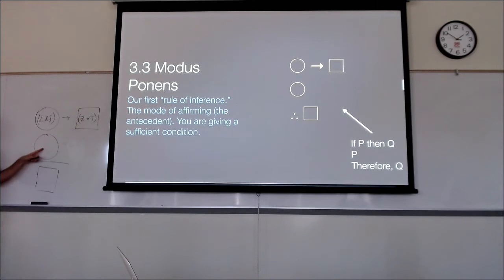L and S. Whatever's in here has got to go in here. Okay? And then here, what goes in there for modus ponens? Z or T. Don't mess around. It's not anything else. It's Z or T.